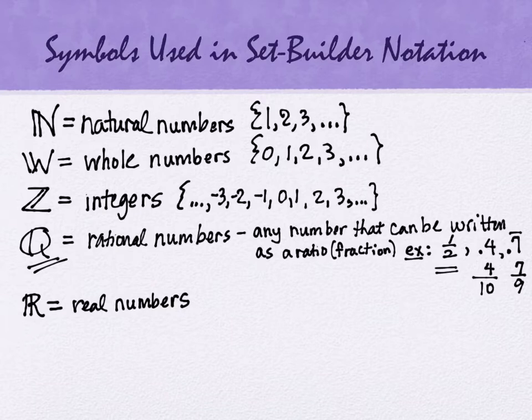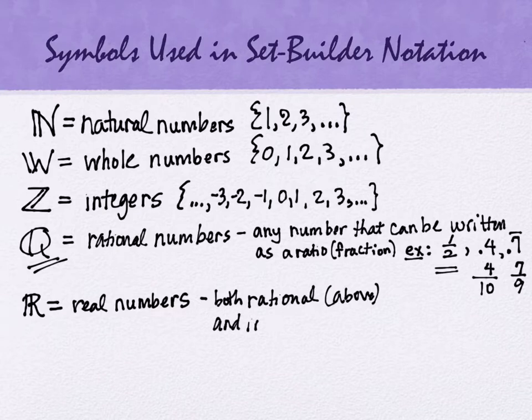Real numbers, again, we're broadening our view, include everything listed here. But they also include something that's not listed here that is distinctly different. So the real numbers include both rational, that's everything above, and irrational. And we won't talk specifically about irrational numbers except to say that you've seen them before.